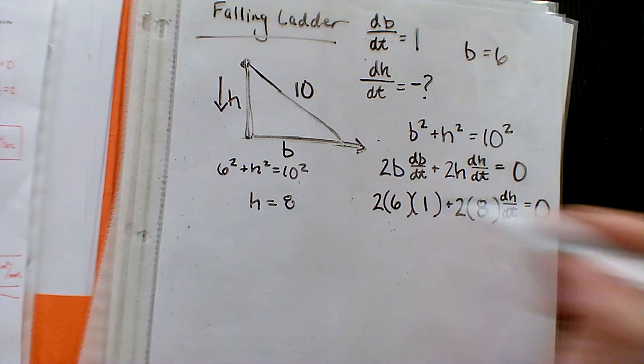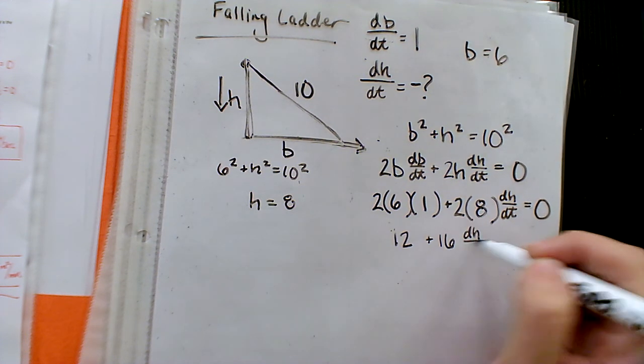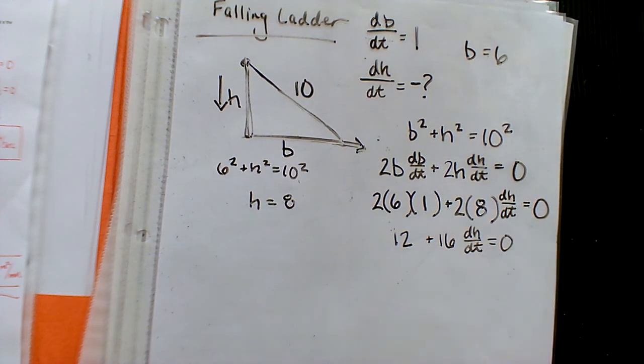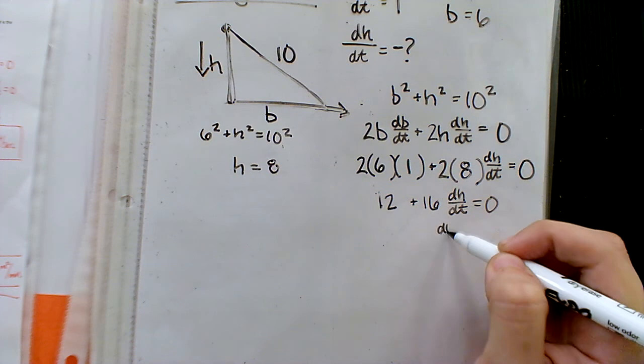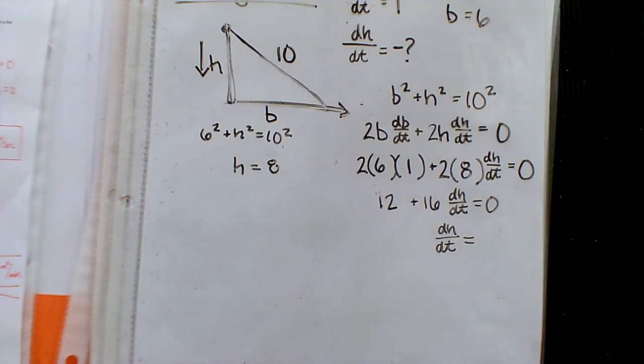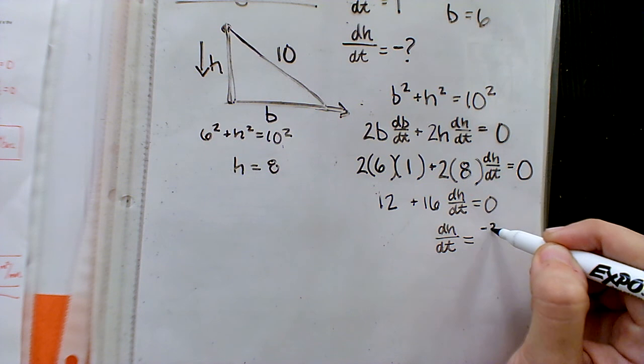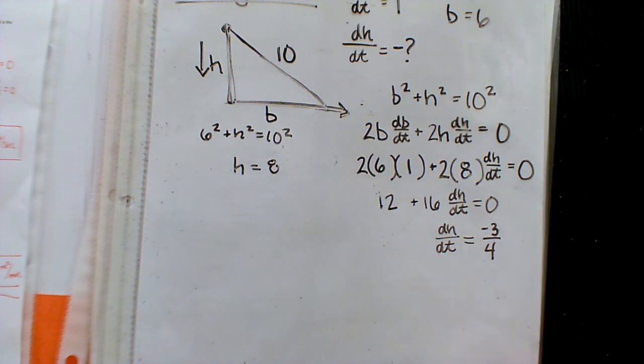All right, let's go ahead and solve for dh over dt. We'll have 12 plus 16 dh over dt. So subtract the 12, divide the 16. I think it simplifies to -3/4.